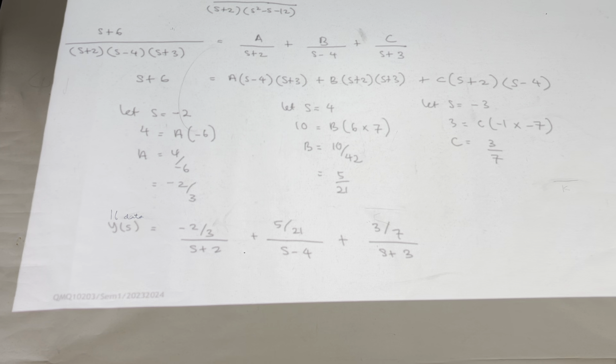So this is the simplest fraction in YS. So not finished yet because we don't want YS. Kita nak YT. So how to get YT? Inverse. So find the inverse Laplace.